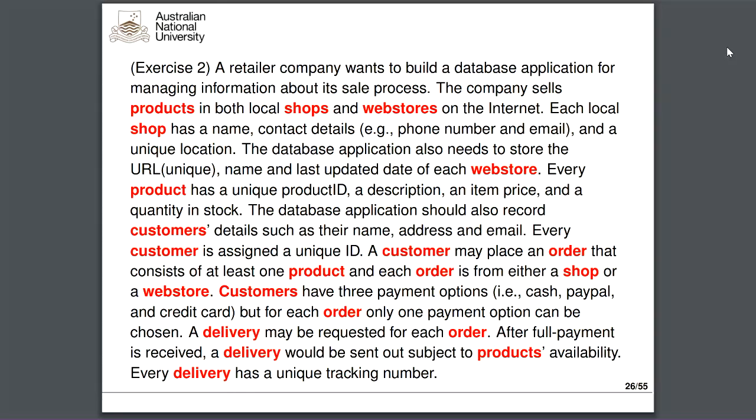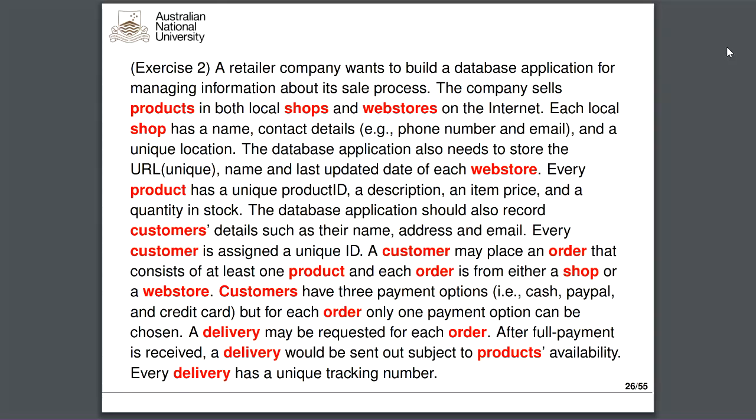You can consider that as well, but that one is not very important here in this case. So the products, the company sells the products, that's the main purpose, and then from the stores, which have the local shops, the physical shops, and then web stores, right? So web store, shops, those are entities.